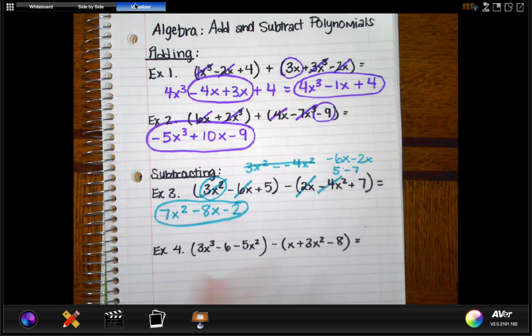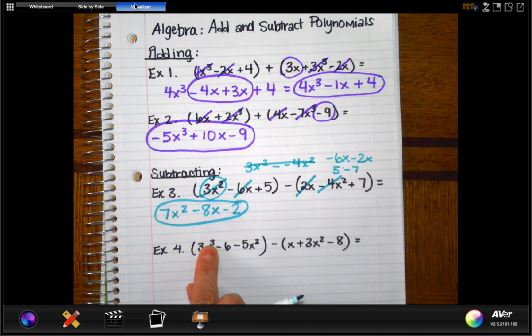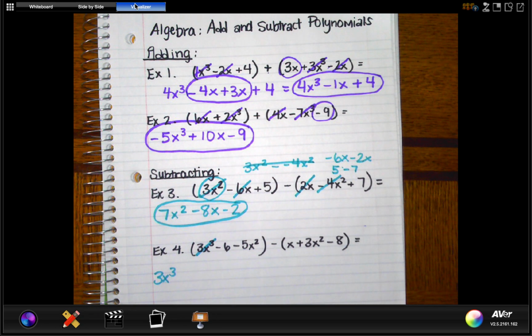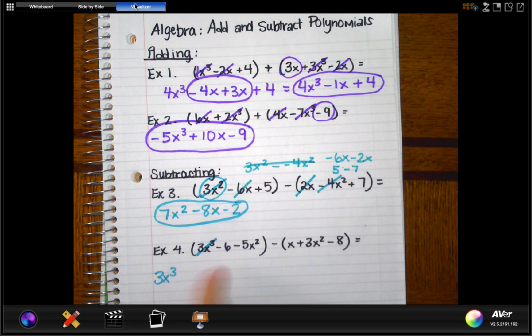So that's like saying 3x to the third power minus 0. And so we're going to start with that guy. 3x to the third minus 0 is 3x to the third. Okay, bye-bye.